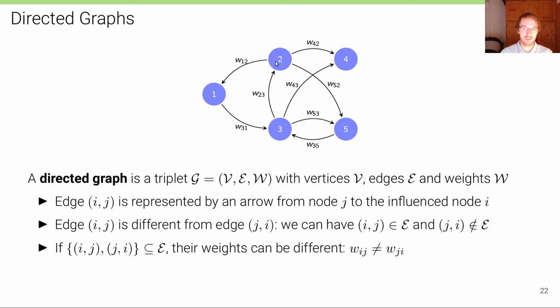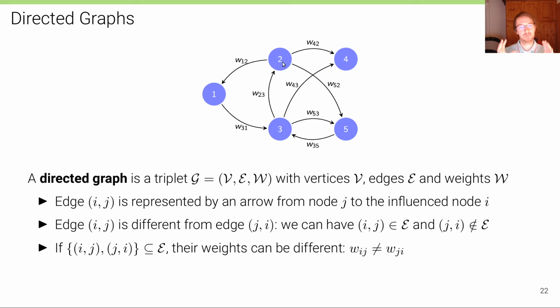We don't have an edge 2, 1 that would be represented by an arrow from 1 to 2. But this may be a little bit counterintuitive definition of influence that makes sense if we look at the matrix algebra later on.